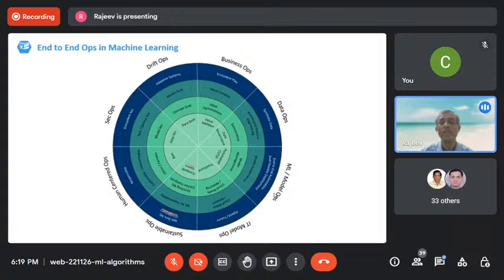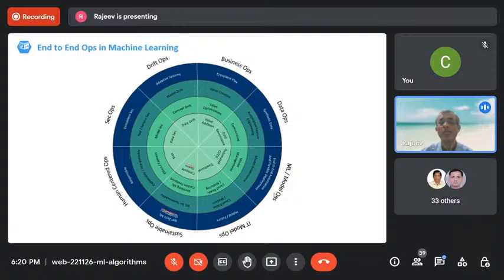So this end-to-end process involves automation, and that's where you get into automation processes like CI/CD. Then, model management. How do you manage the entire model governance? How do you take one model off and put another model in, ensuring that the models do not cause any issues? There is a lot of automation involved here.